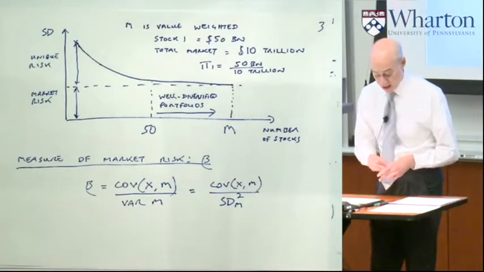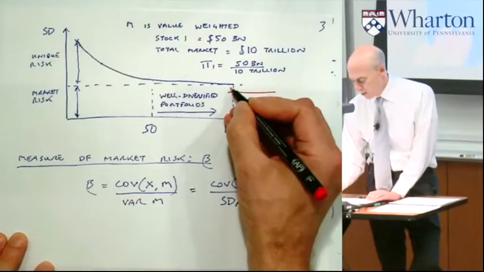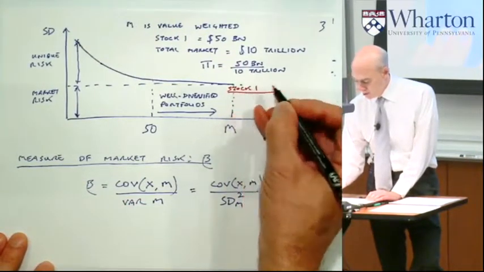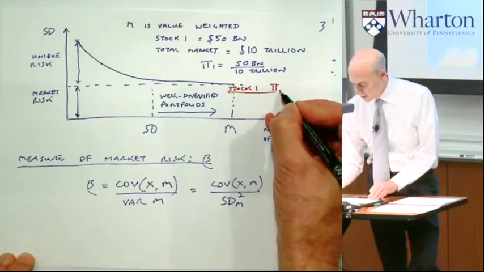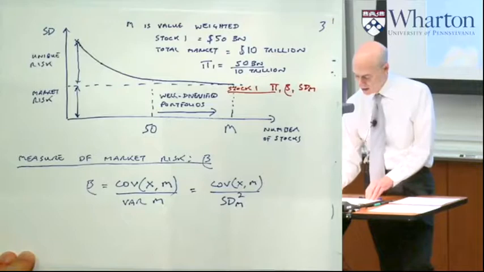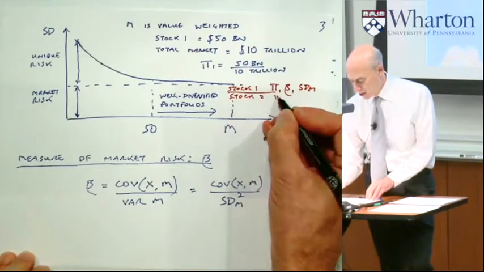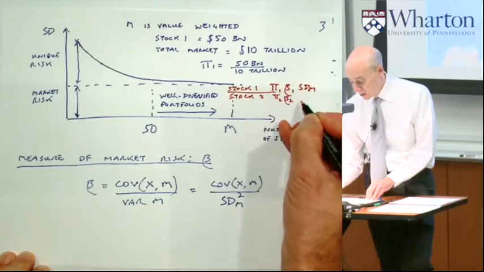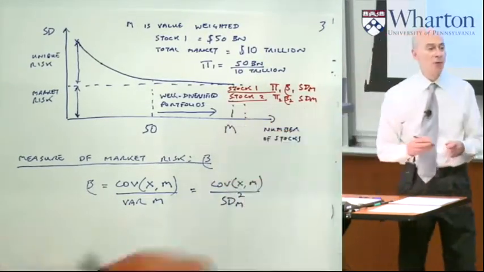The higher the beta, the more risk that it contributes to the well-diversified portfolio. So for stock 1, for example, that is pi 1 beta 1 times the standard deviation of the market. Stock 2 is pi 2 beta 2 times the standard deviation of the market, and so on for all the other stocks.